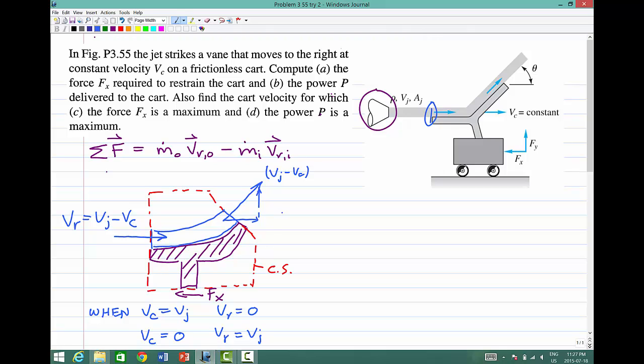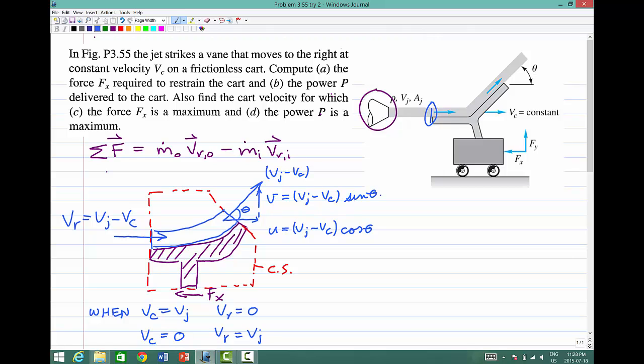The x component, u, is equal to (V jet minus Vc) cos theta, where this angle in here is the angle theta, and then there'll be a y component, which we usually give the symbol little v, equal to (V jet minus Vc) sine theta.